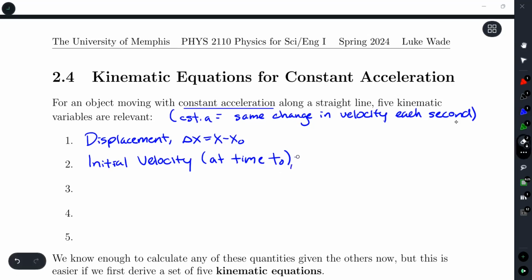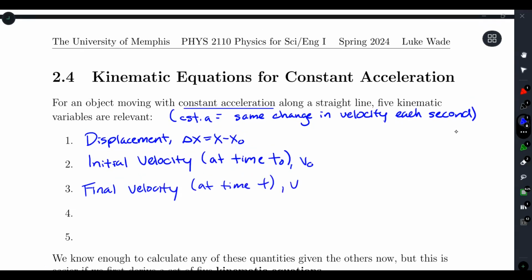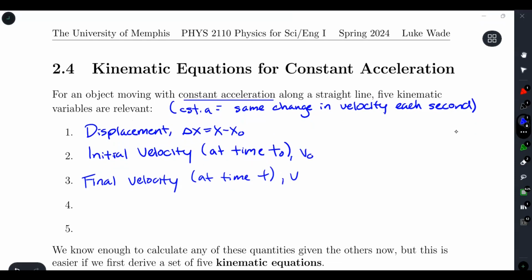This is v0. The final velocity. So the velocity at your later time t, and that's v. Our acceleration, which again must be a constant value for the things we're about to say to apply.